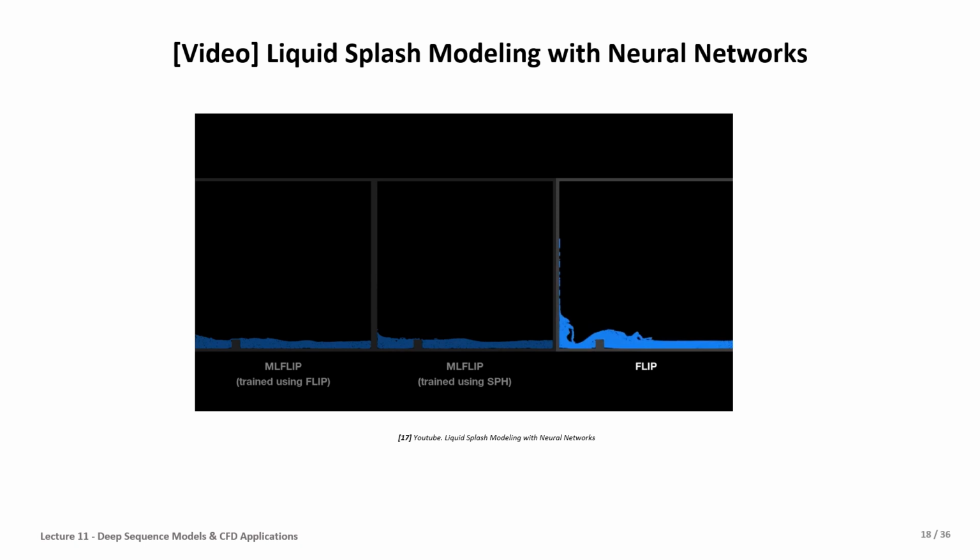Here we finish part 1 of lecture 11. Here is an example of a neural network application for liquid, and I suggest you watch the video. The link is available in the references of this lecture, and it presents how a neural network could model and predict liquid movement under different conditions.